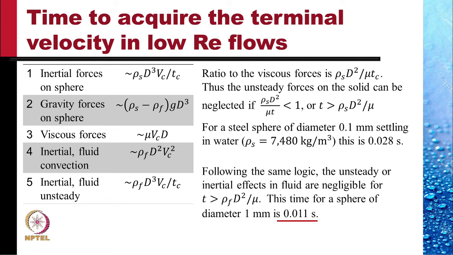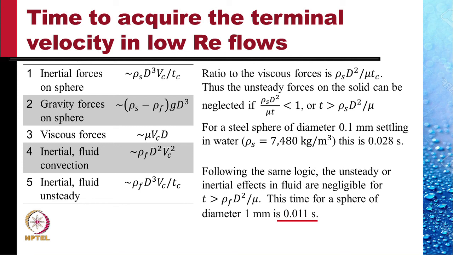So, for time less than 0.011 second, we cannot neglect the inertial effects within the fluid, but between 0.011 seconds and 0.028 seconds, we can neglect the inertial effects in the fluid, but not the acceleration of the steel sphere.